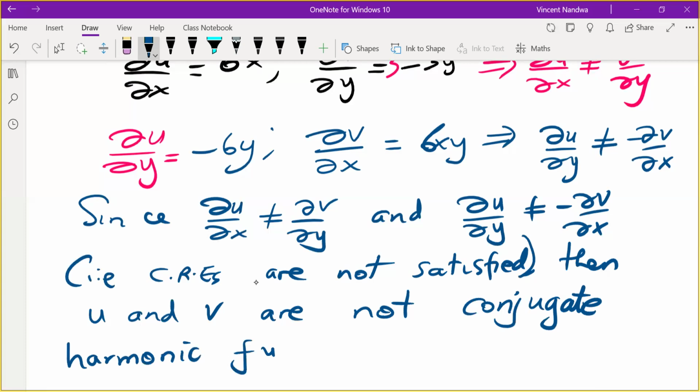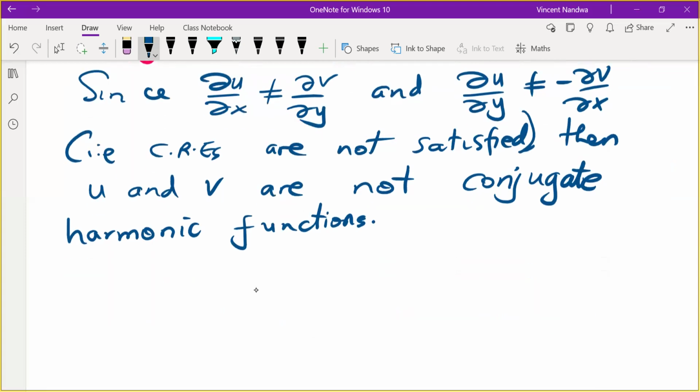So this example alone tells us that it is possible for two functions to be independently harmonic, but then fail to be conjugate harmonic. So at your own free time, also check for these other pairs.